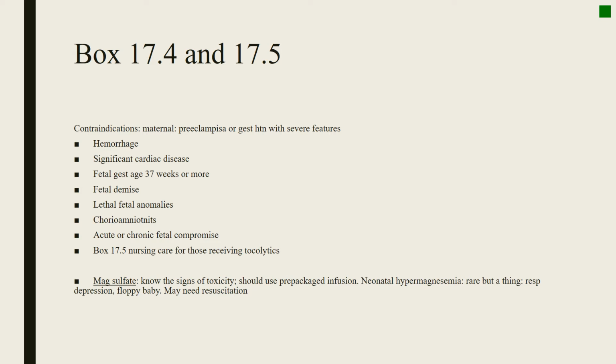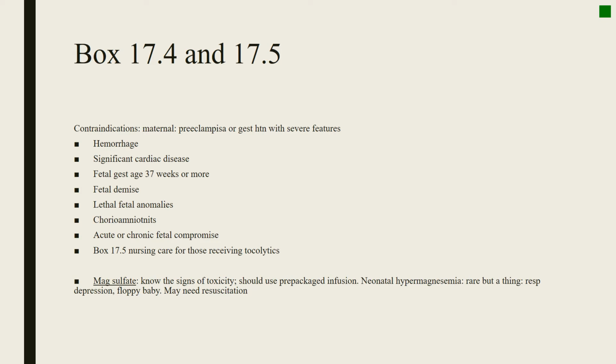First, let's talk about contraindications to using a tocolytic. Page 425, box 17.4. For maternal contraindications, there's preeclampsia or gestational hypertension with severe features, hemorrhage, or significant cardiac disease. For fetal contraindications, it is gestational age of 37 weeks or more.